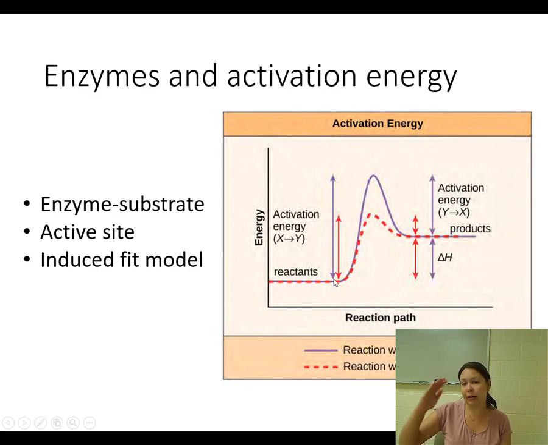So we only need to get over a slightly smaller hurdle in order for the reaction to proceed. And so because of this, activation energy is actually decreased when an enzyme is involved. And because of that, enzymes are able to speed up the reaction. So enzymes speed up reactions by binding with their substrates at their active site. They are able to decrease activation energy in order for this to occur, in order to speed up a reaction.